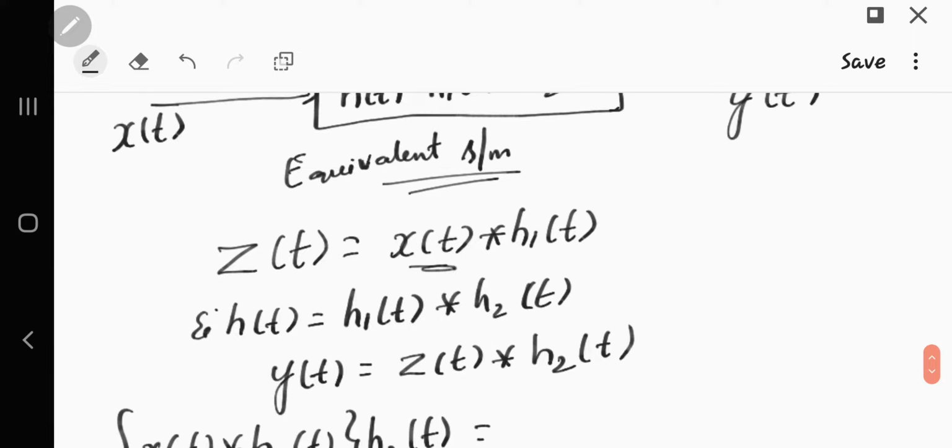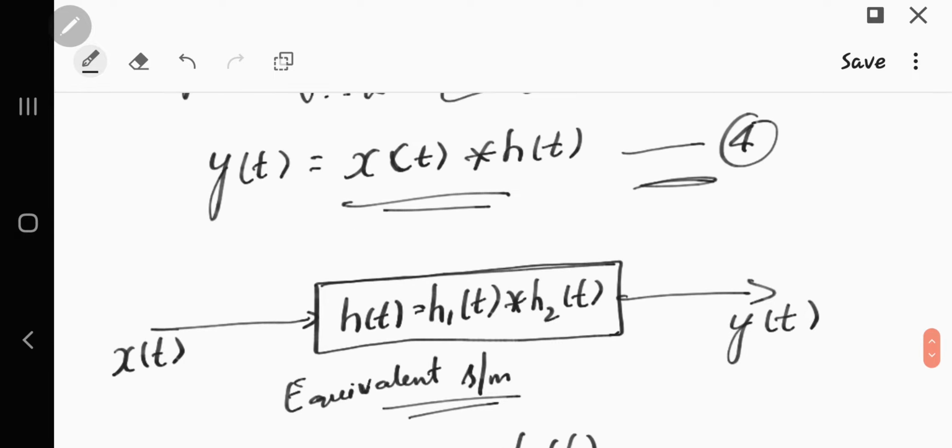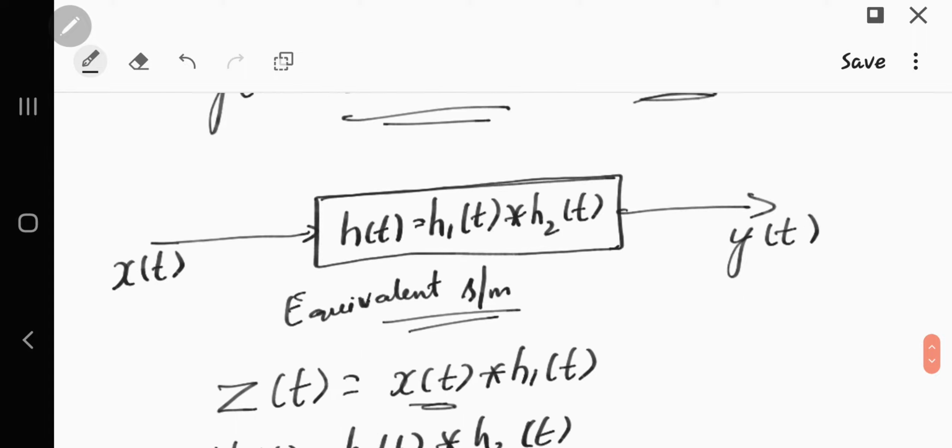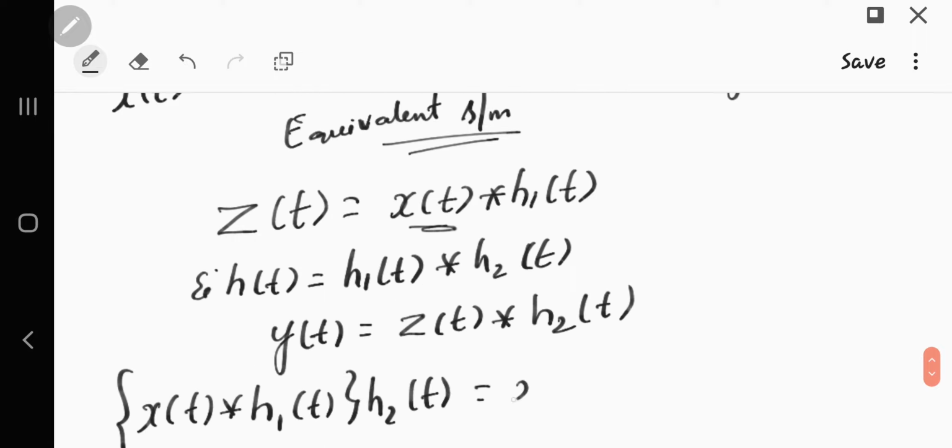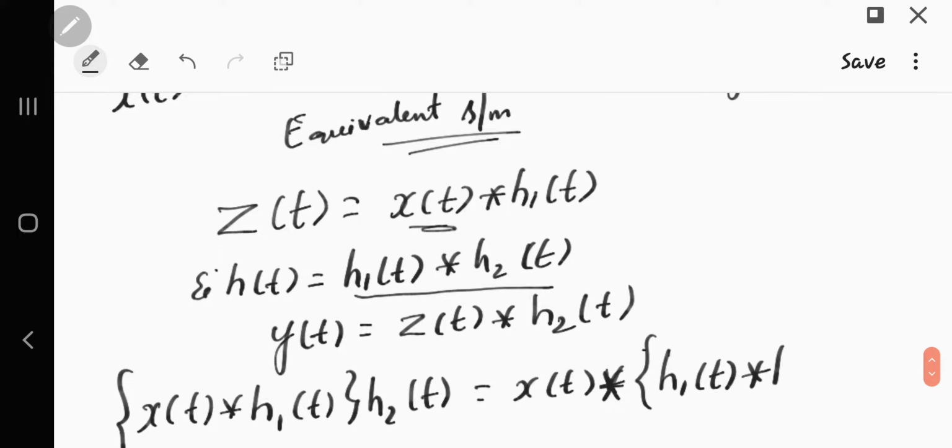Now at the end here in equation 4, we can see y of t is equal to what? X of t convolved with h of t. Now what is h of t? H of t is the overall system impulse response, which is nothing but the convolution of two individual impulse responses, that is h1 of t convolved with h2 of t.